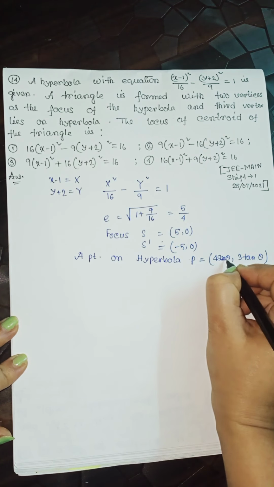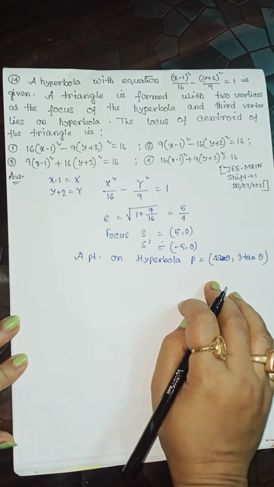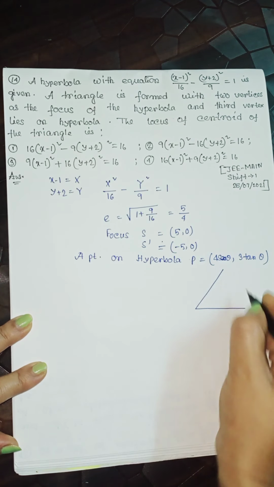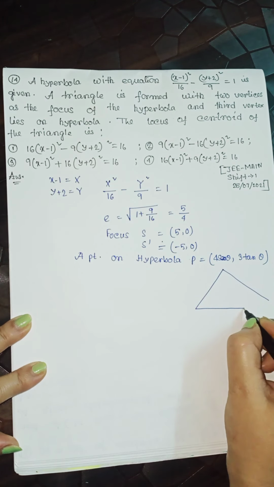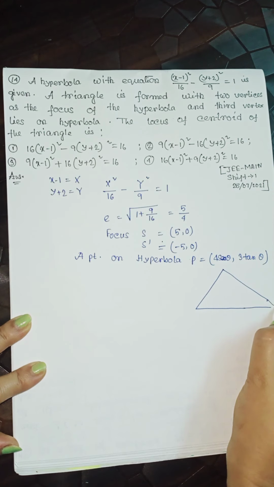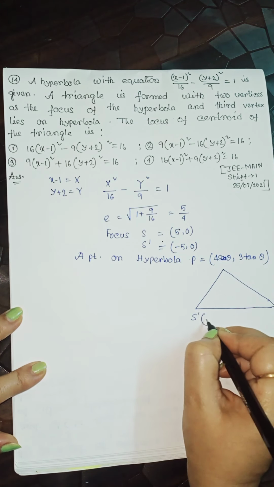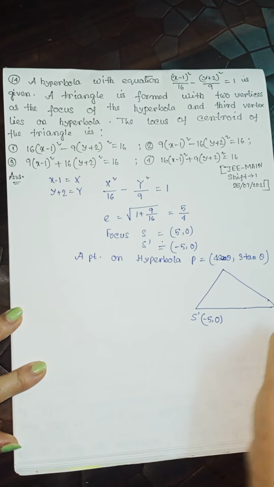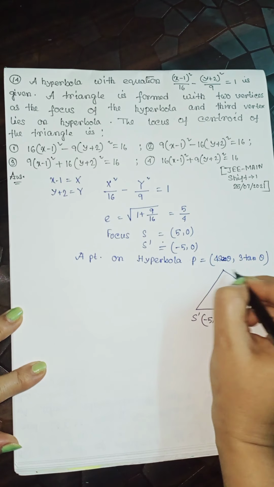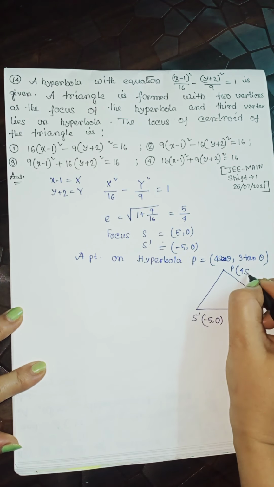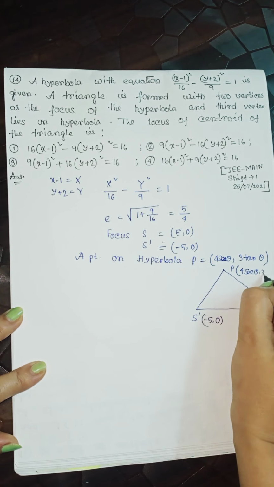Now this is the triangle which is formed. S dash is (minus 5, 0), S is (5, 0), and here is the point P, that is (4 sec theta, 3 tan theta).